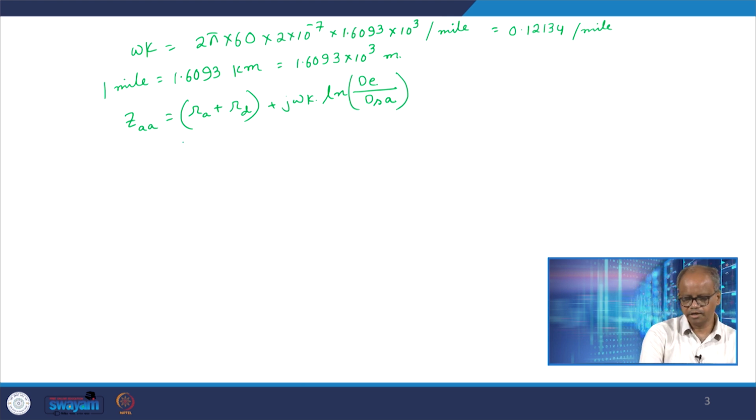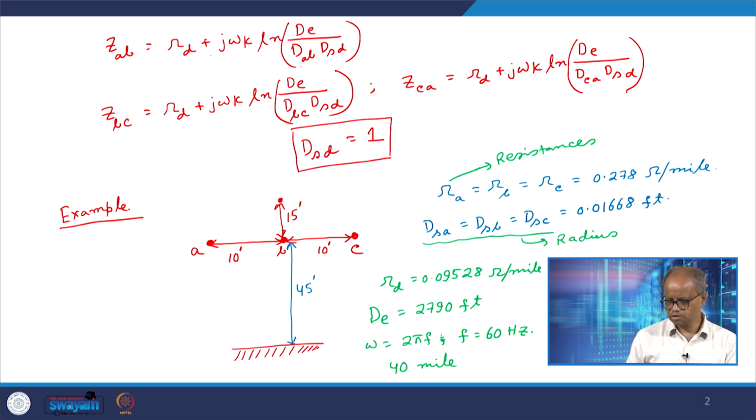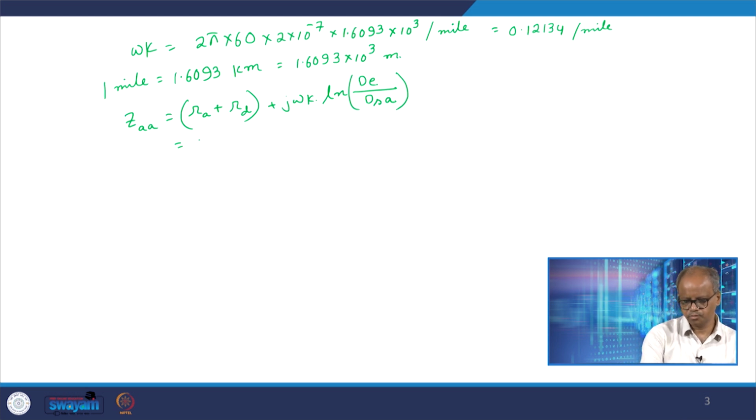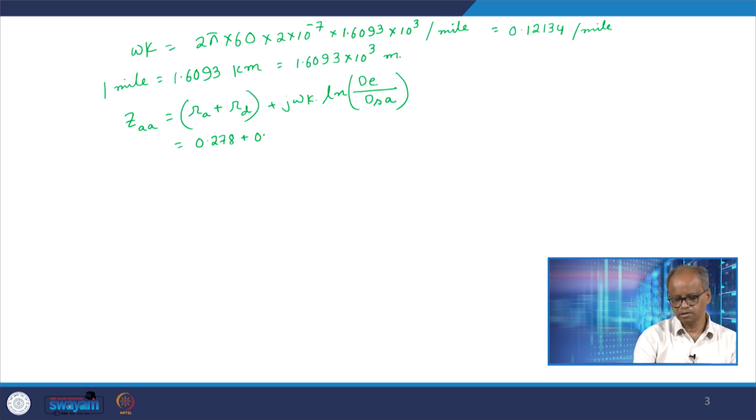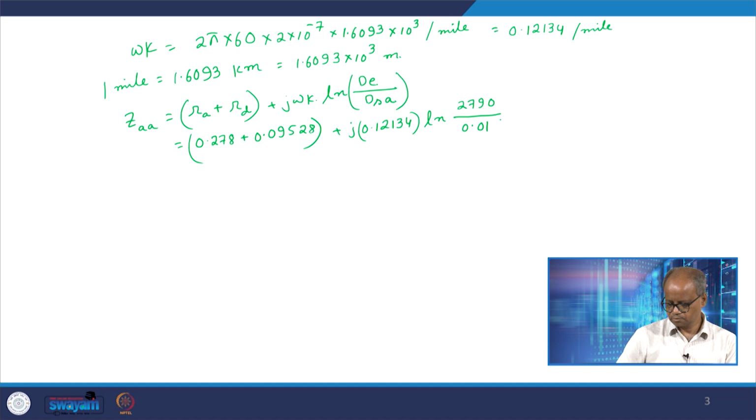RA was 0.278, RD is 0.09528, everything per mile, plus j into 0.12134 into log of dE, which is 2790, divided by DSA, which is 0.01668.